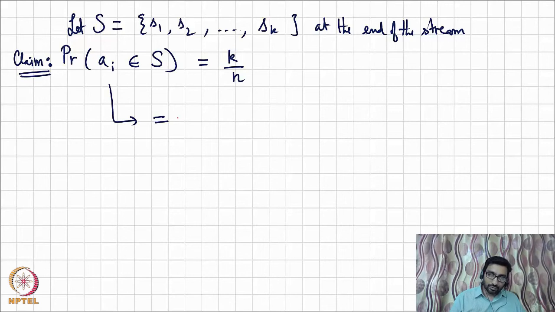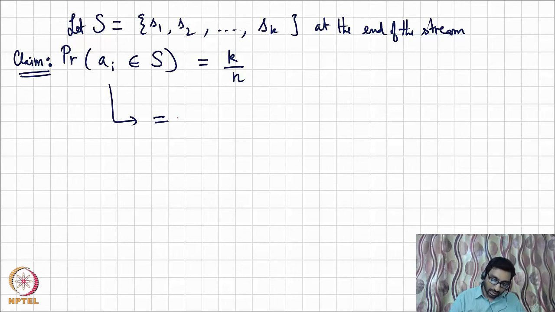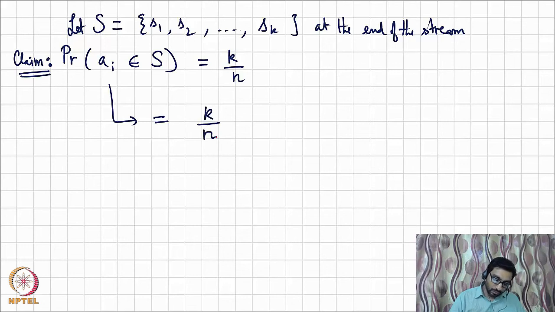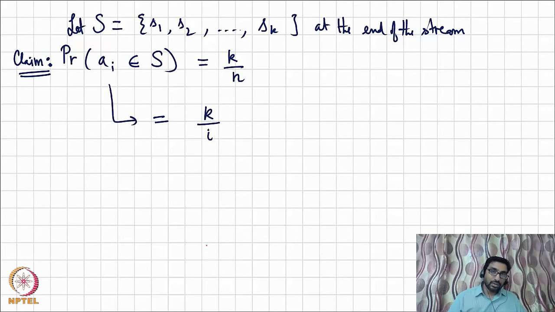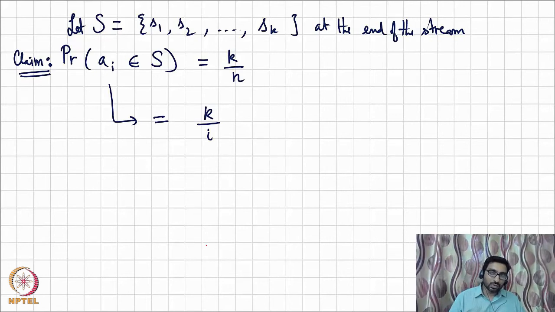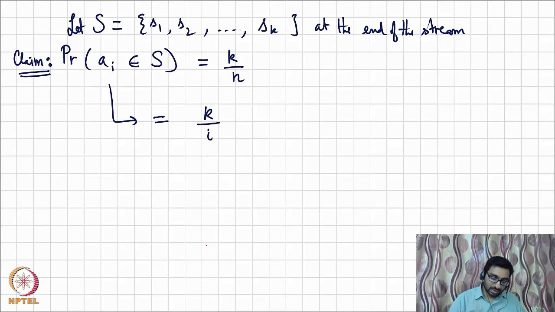Well, first of all, the item ai must have been placed in one of the memory cells, and that happens with probability k over i. And then it should remain in the memory cell in which it was placed. So let us, without loss of generality, say that the item was placed in some particular location.